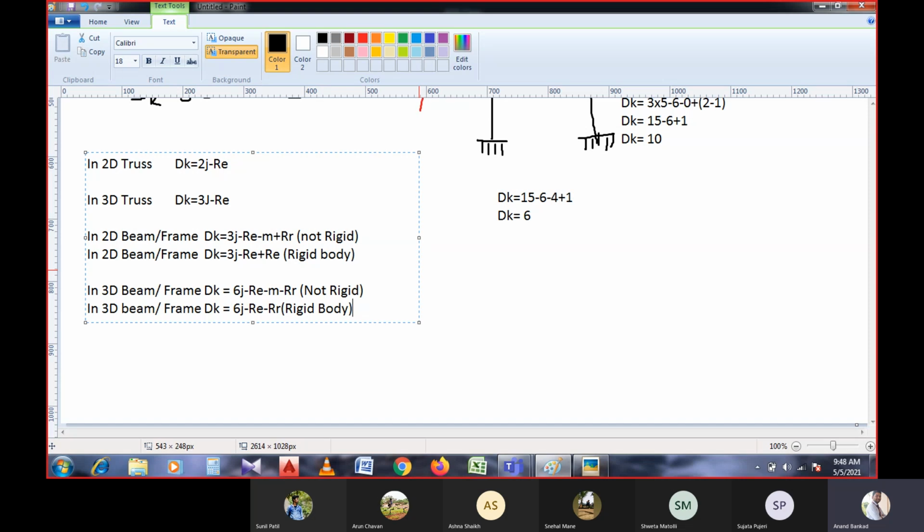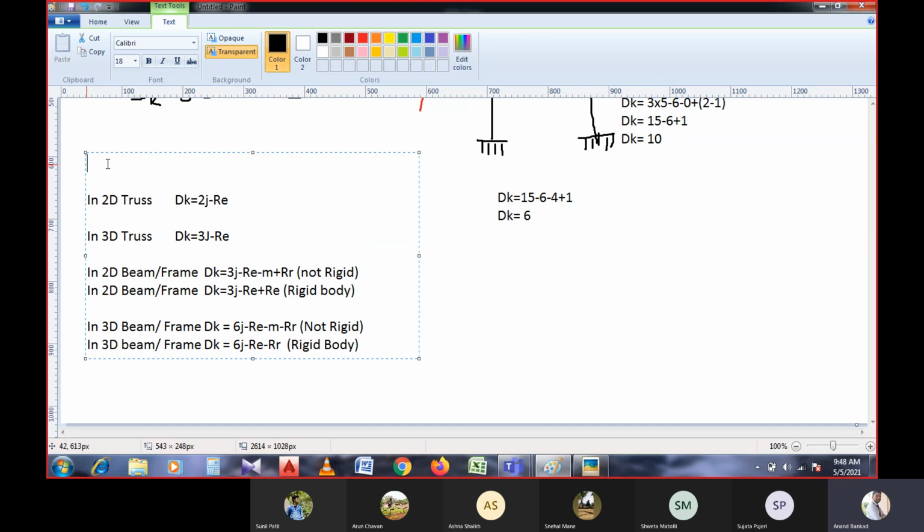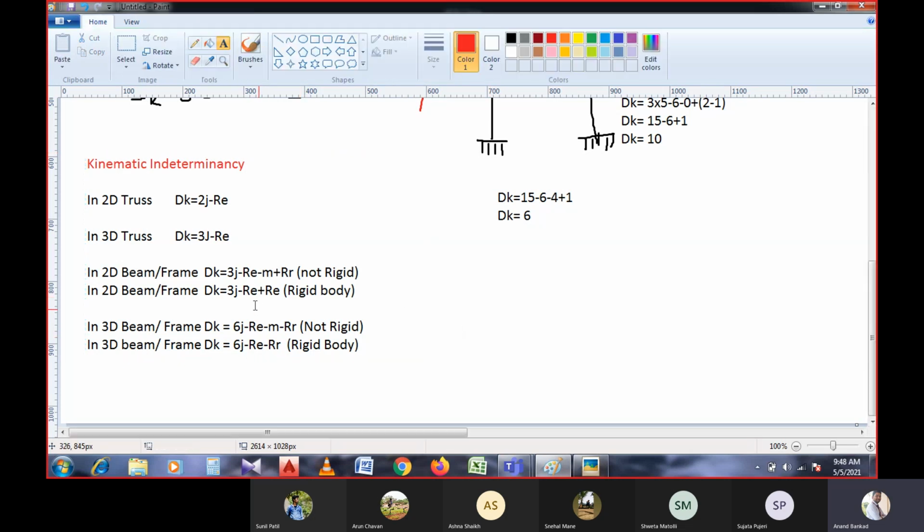Please take a note on this. It is all about the kinematic indeterminacy. Right? This is how we have the formulas to calculate for the different kinds of structures.